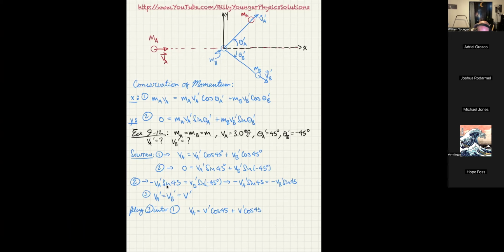Notice I've used VA prime is equal to V prime, and I've used VB prime is equal to V prime. So this becomes 2V prime cosine 45. So we can see that V prime is in fact equal to VA over 2 cosine 45 degrees.